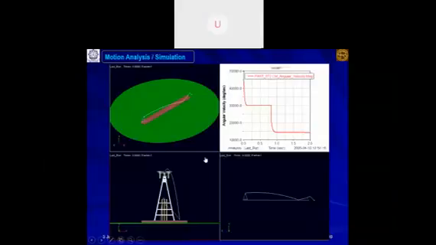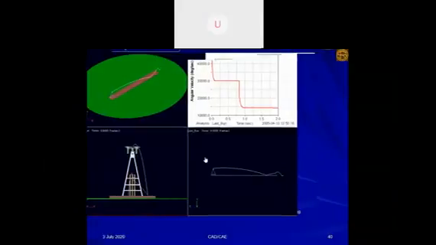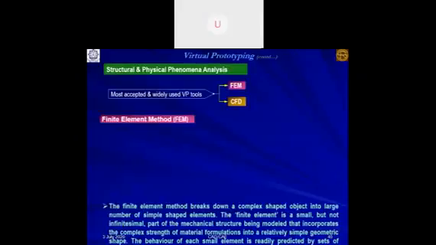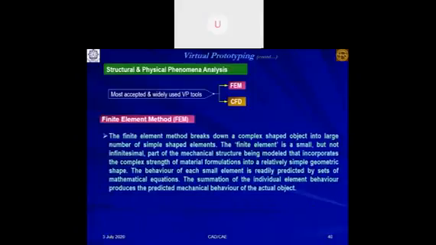Now, for structural and physical phenomena analysis, the most accepted and widely used virtual prototyping tools, as I already mentioned, are the finite element method and computational fluid dynamics. As you know, the finite element method basically breaks down a complex shaped object into a large number of simple shaped elements, the finite elements, which are small but not infinitesimal, but part of the mechanical structure being modeled.